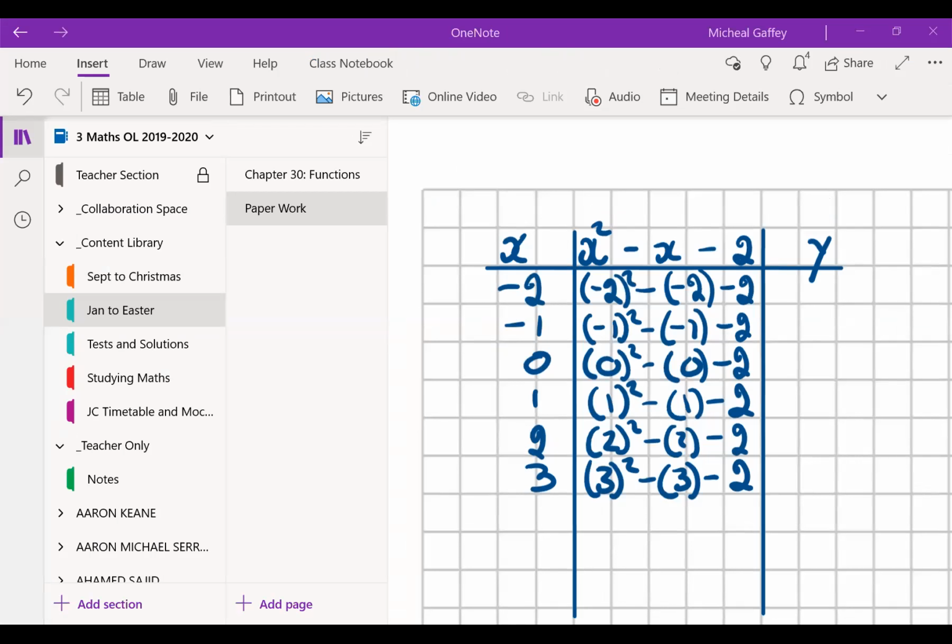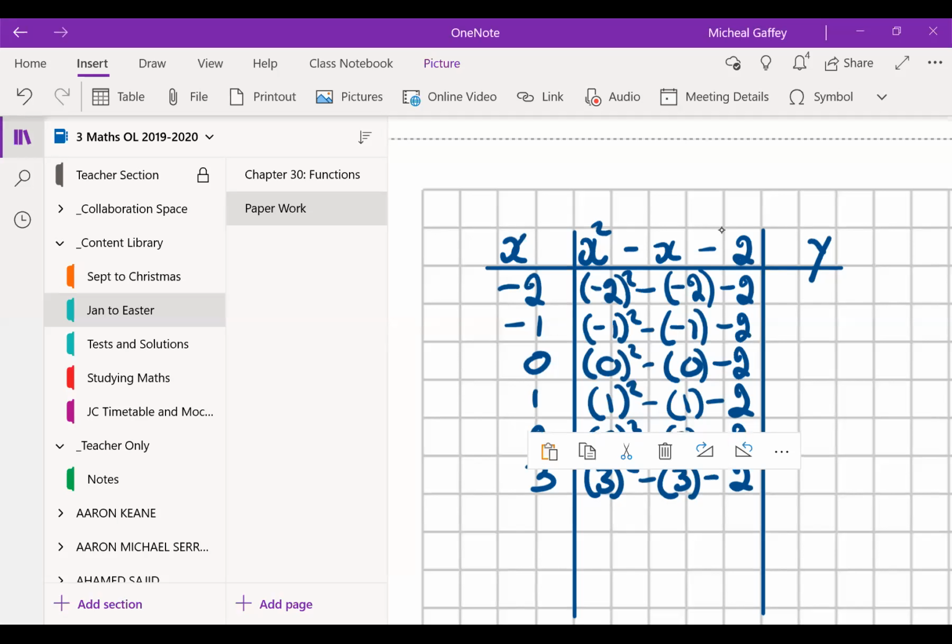Bear with me just one moment. Okay, so I used my Casio calculator there to quickly calculate the answers here.